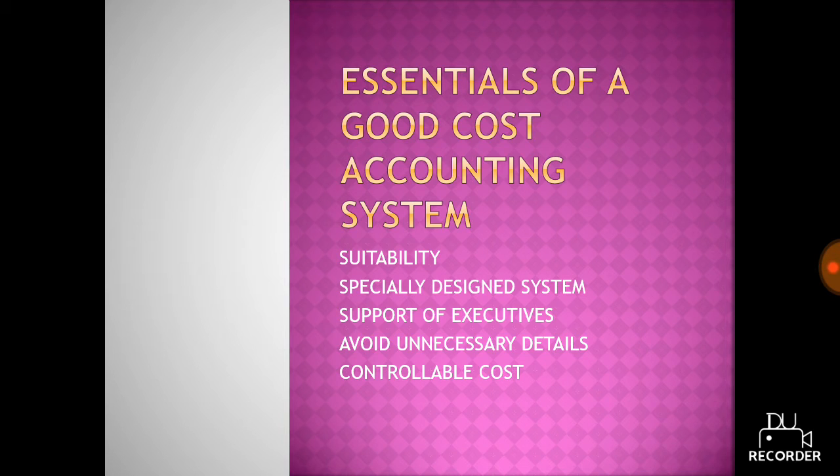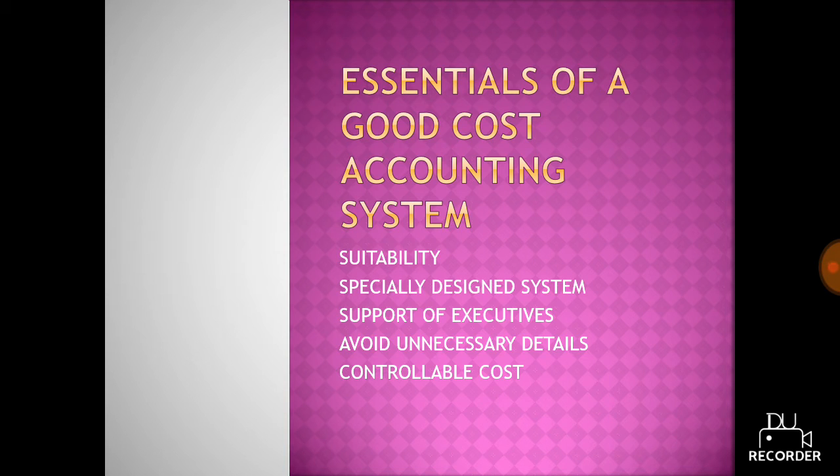The next one is support of executives. If a costing system is to be successful, it must be fully supported by executives of various departments and everyone should participate in it. This is another most important factor for the success of a good cost accounting system.